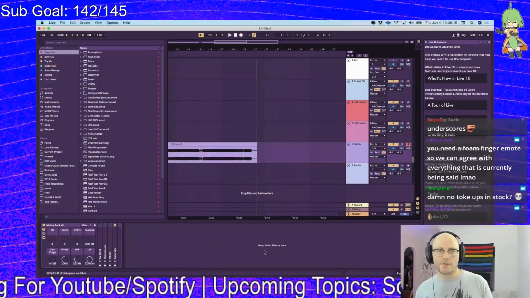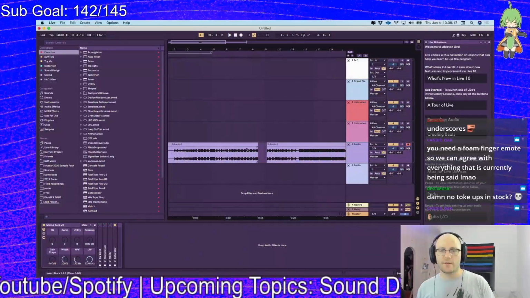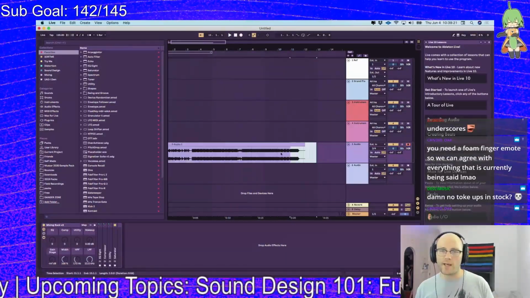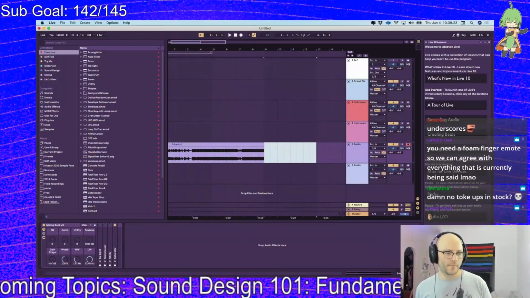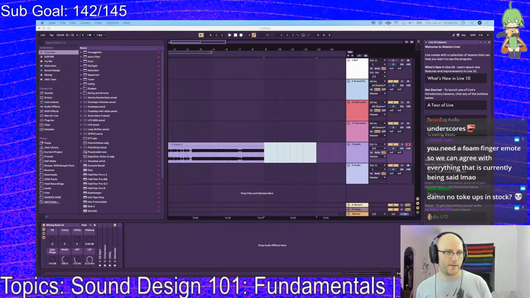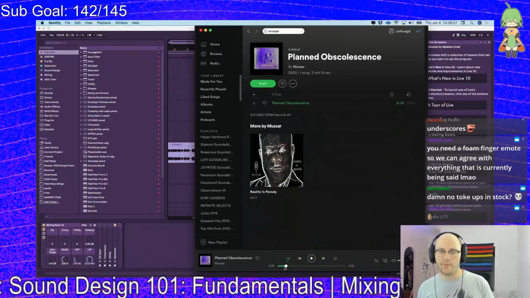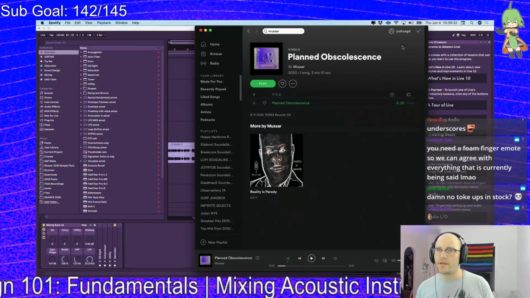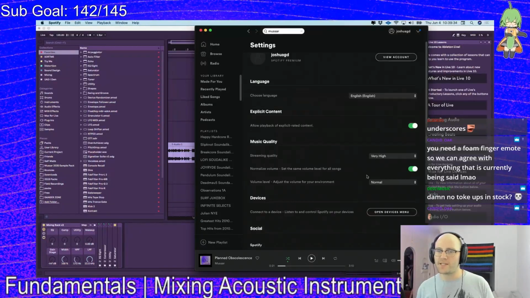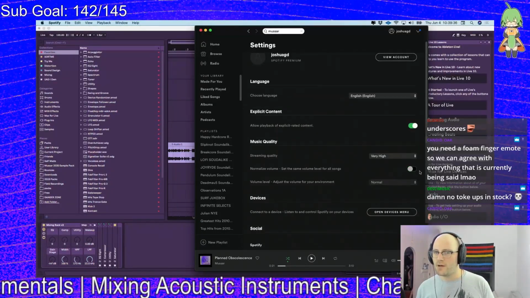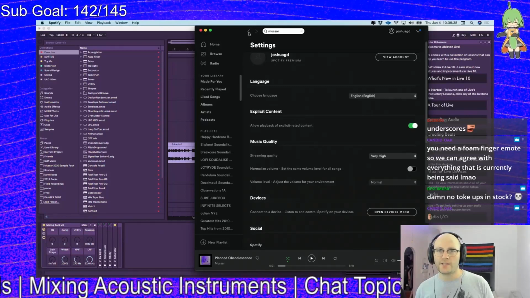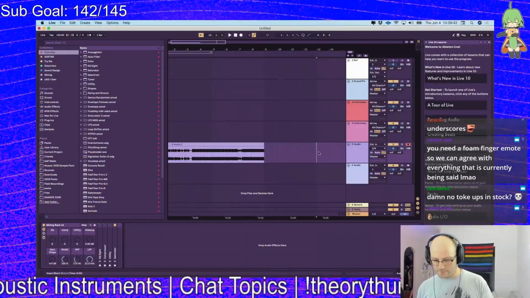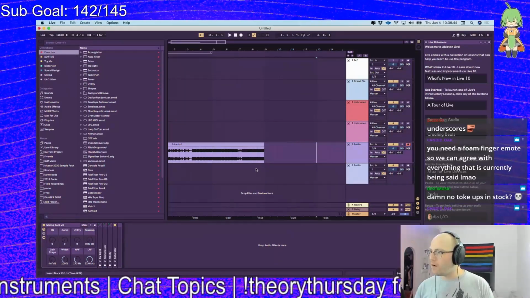All right, so there is the Spotify normalized audio. I'm going to pull this back in time a little bit, just to get it to about the same spot. Now we're going to go back into my settings and turn off the normalization. And let's see what that does to this exact audio file, or this same audio file on their server.